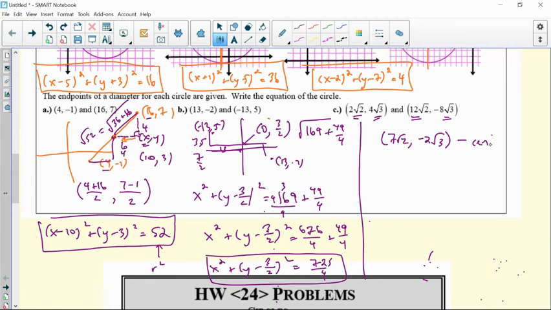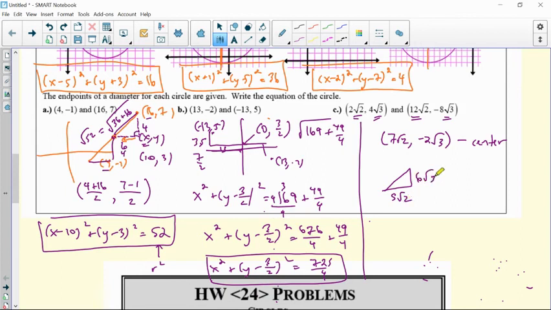That's my center. Okay, and then thinking about how I get from 7 root 2 to 12 root 2, I went over 5 root 2. And then to get from negative 2 down to negative 8, that's a distance of 6 root 3.